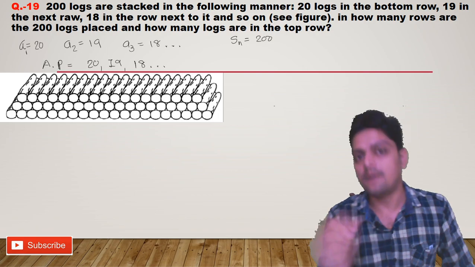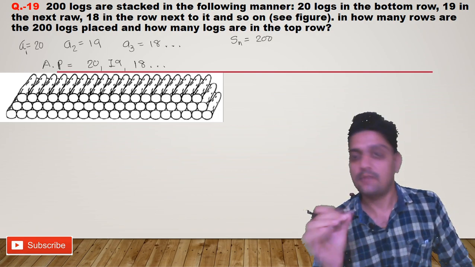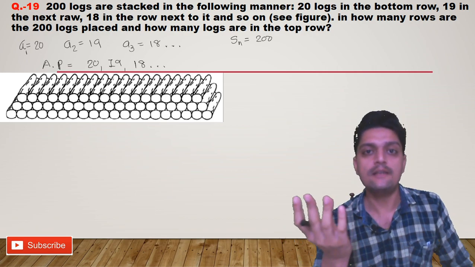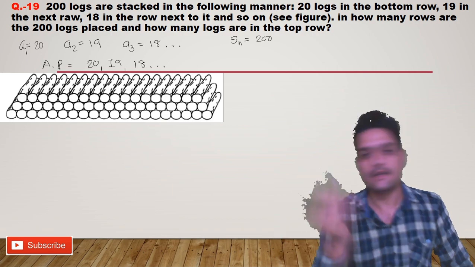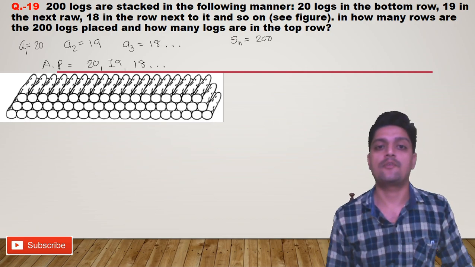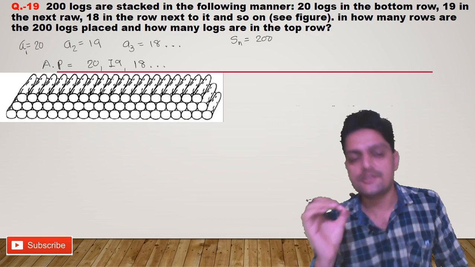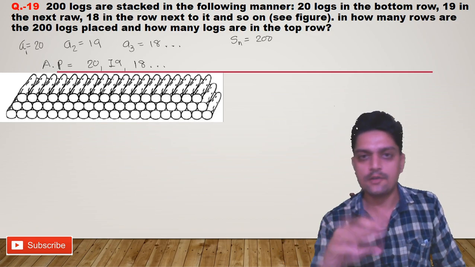Unit will not come because these are logs. Unit you must consider everywhere, because otherwise half mark will be cut. So a simple formula, the Sn formula, here I am going to use all the data. And I hope you all understood what the question wants to say.